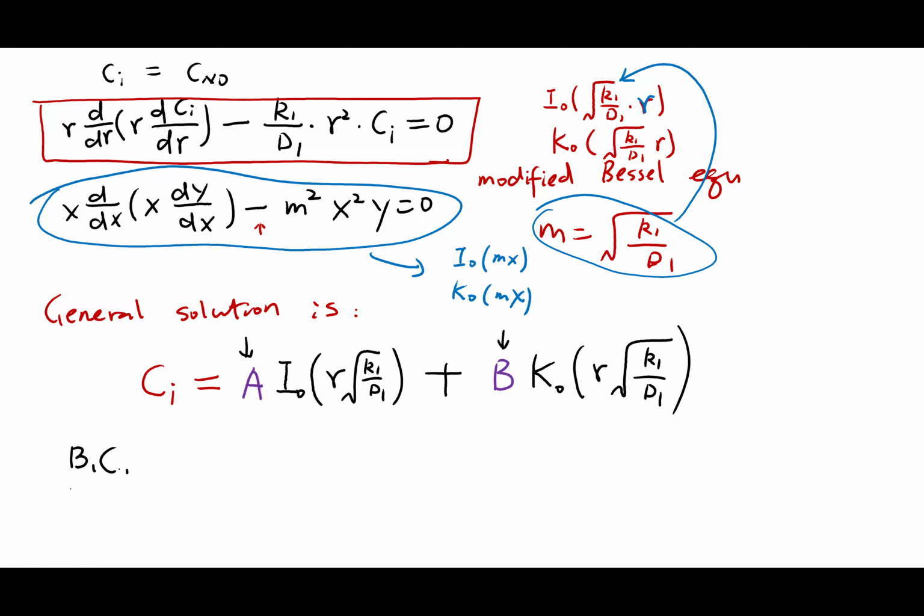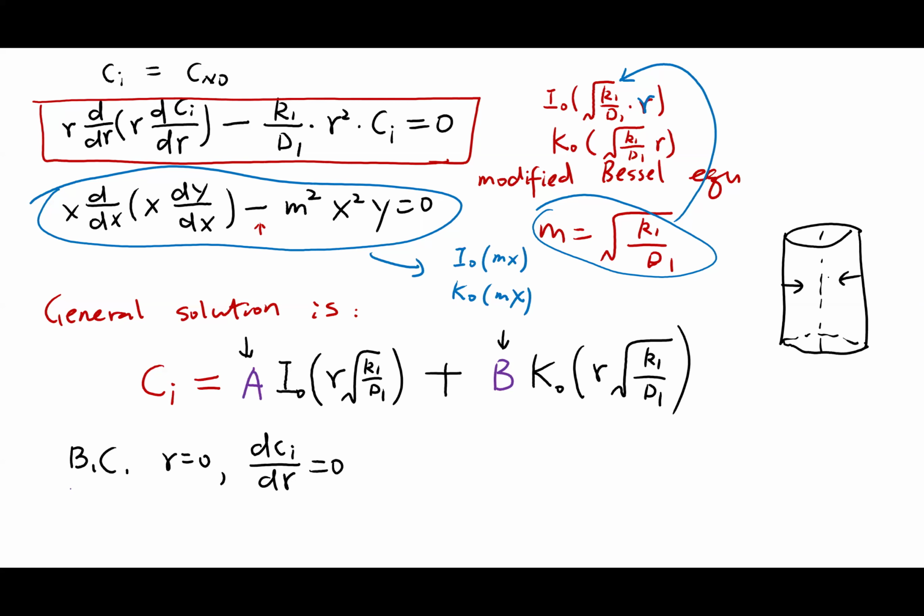In this case, one of the boundary conditions that we can have is, let's say we consider the nitric oxide diffusing into the center, and here, on the surface of the endothelial cell, it's also diffusing into the center. So we can have when r equal to 0, dCi/dr is equal to 0 because of the symmetry.